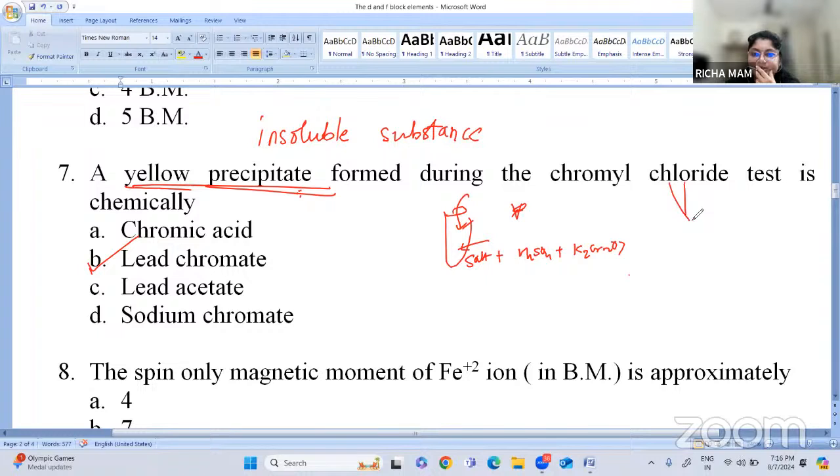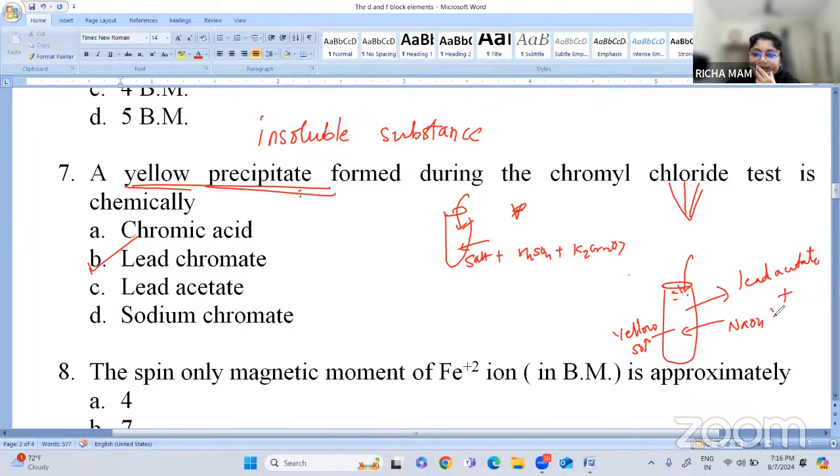After heating, the fumes are released. Those fumes are collected in another test tube containing NaOH. Then it becomes a yellow solution. To this yellow solution, you add lead acetate and acetic acid.